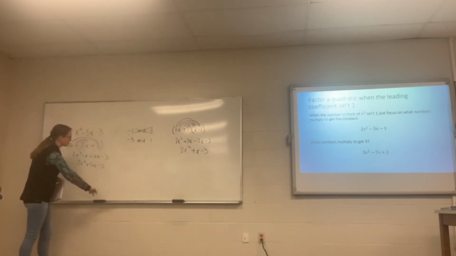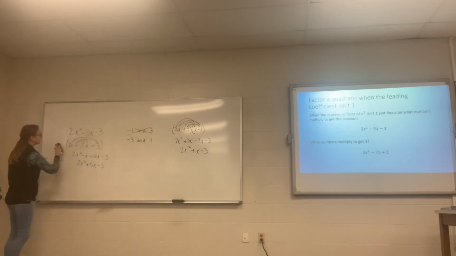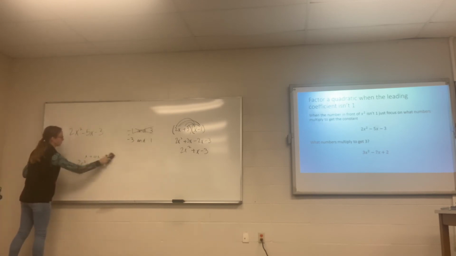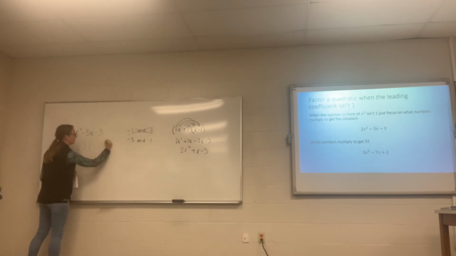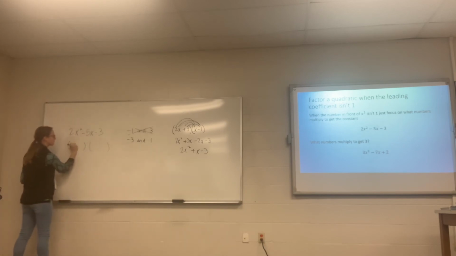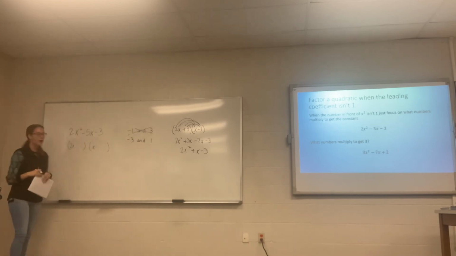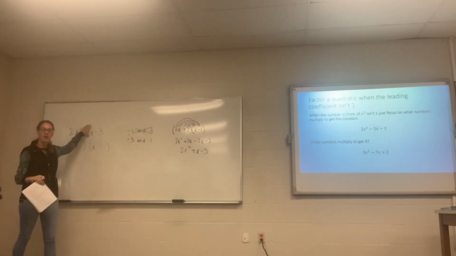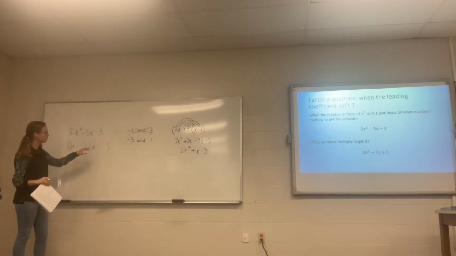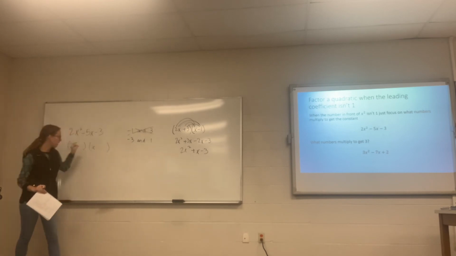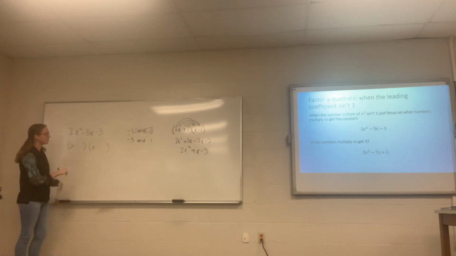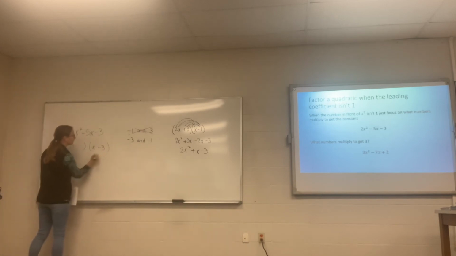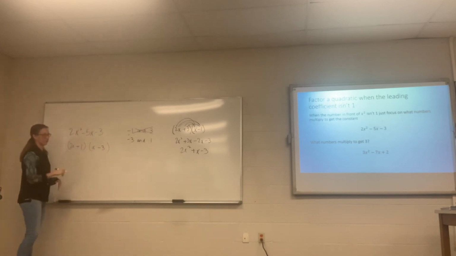So let's do -3 and 1. If I set my parentheses up, I have 2x and x, and I know I need a large chunk of x's, so I want to have my larger number in a different parenthesis than my one with the 2x. So let's put the -3 over here and the +1 over here.